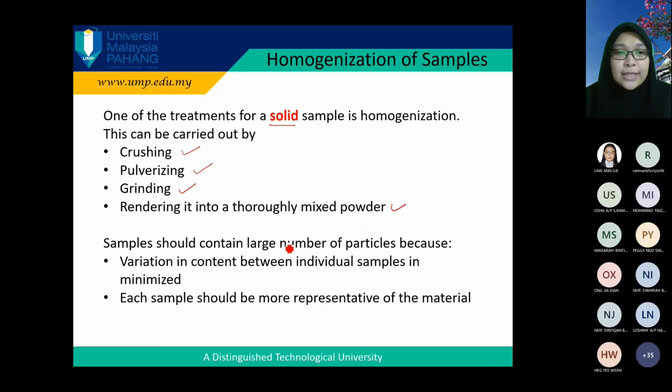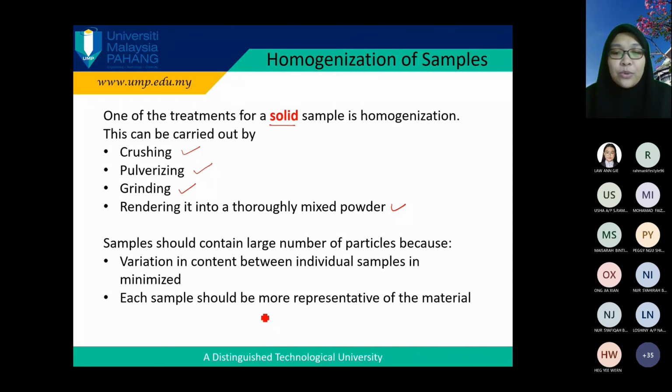Okay. Sample should contain large number of particles because variation in content between individual samples is minimized. Each sample should be more representative of the material. Okay, what does it mean by sample should contain large number of particles?